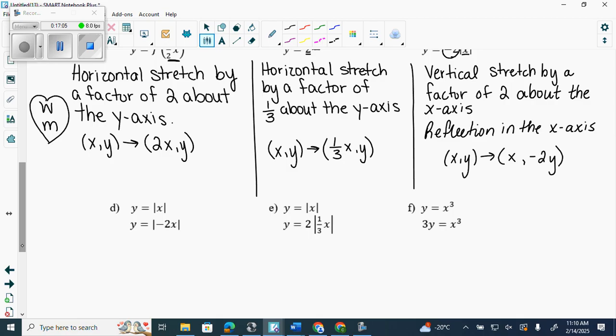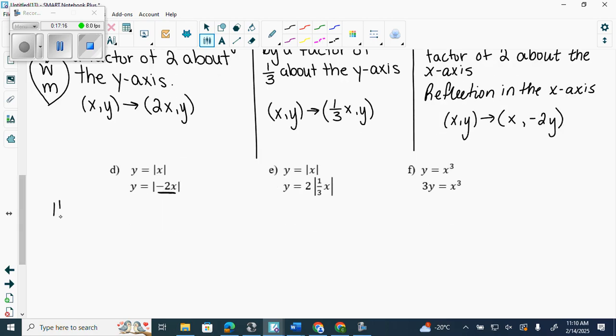This one is different than the last one in the fact that the -2 is with the x. So it affects x things. It doesn't make it positive because it's an absolute value sign. So we have a horizontal stretch. Stretches are always positive. Horizontal stretch by a factor of what? 1/2. Because we're going from equation to word, so it will flip, right? About the opposite axis.